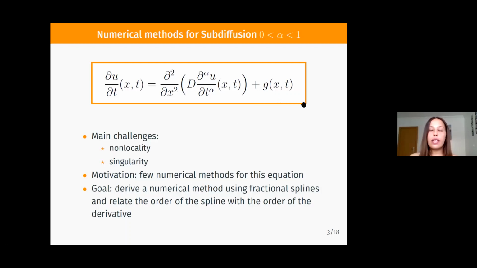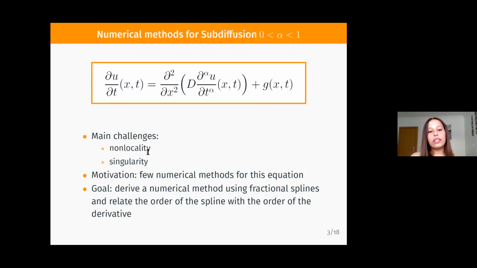and as for classical diffusion, sometimes it's difficult or even impossible to get the exact solution of these types of problems. But in fractional differential equations, there are some other challenges, such as the non-locality of the operator and the singular kernel of the operator.